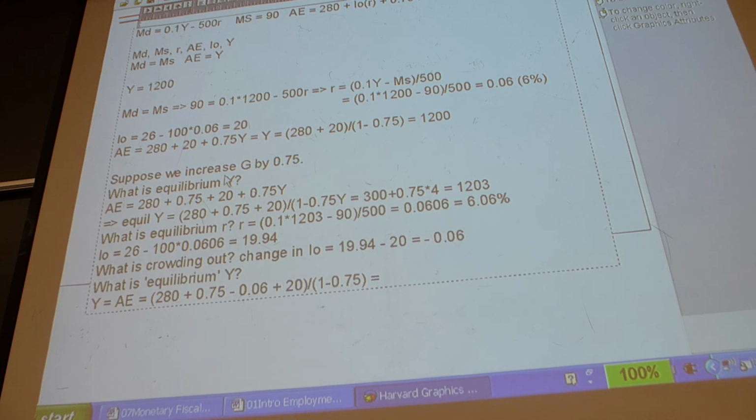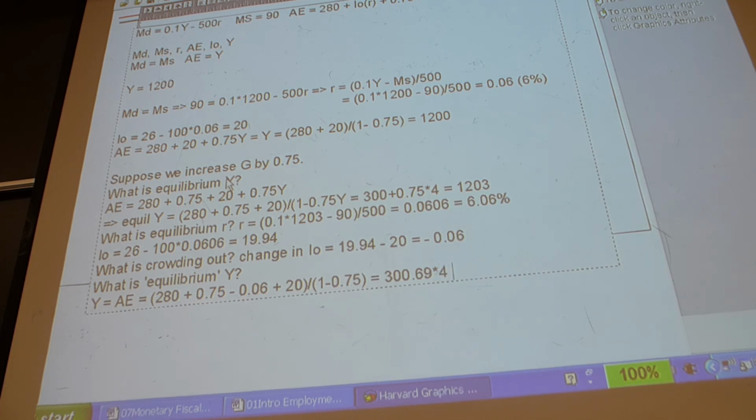What is it? Well, this is not difficult, eh, guys? 280 plus 20, 300, plus 0.75, minus 0.06, 300.69 times 4.